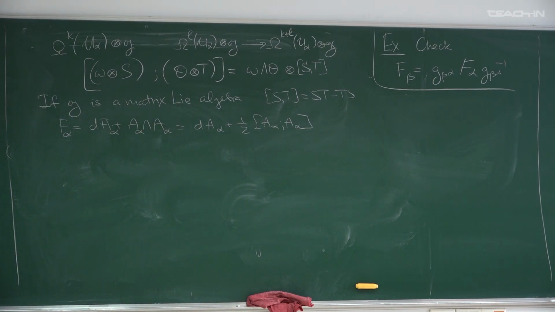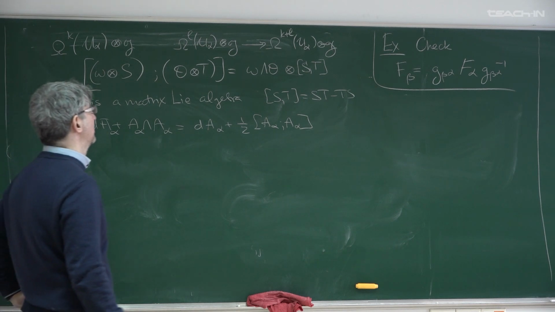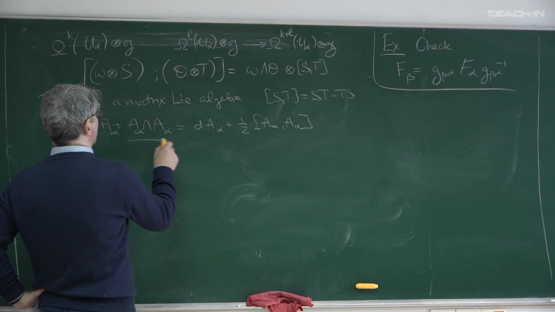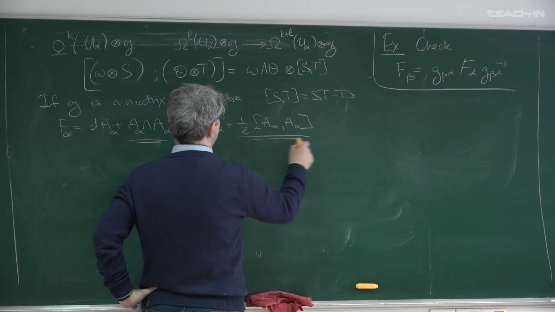Don't be scared. The commutator of A_alpha with itself is not 0 because A_alpha is a matrix, a collection of matrices, so it does not commute. Nevertheless, let us understand why these two things are the same.